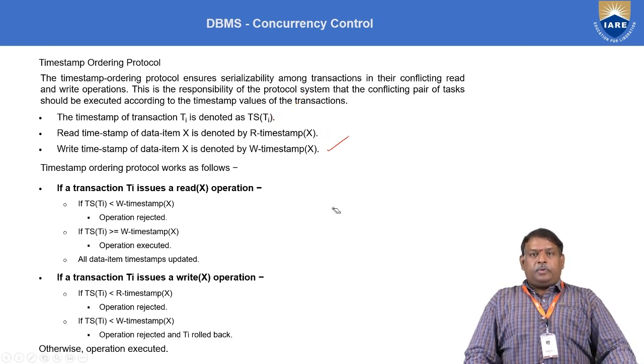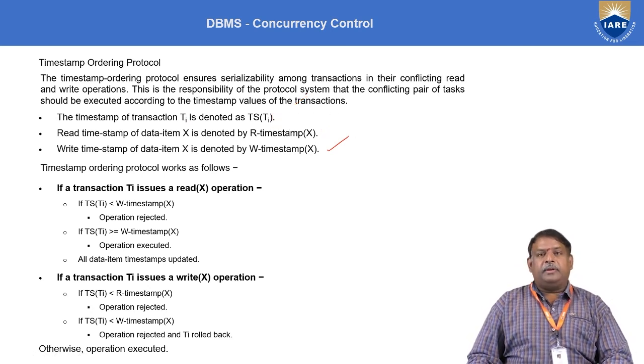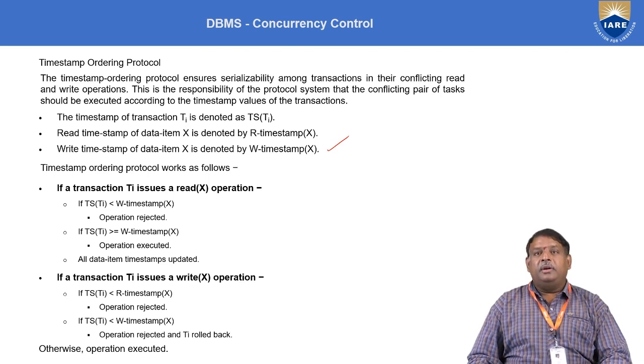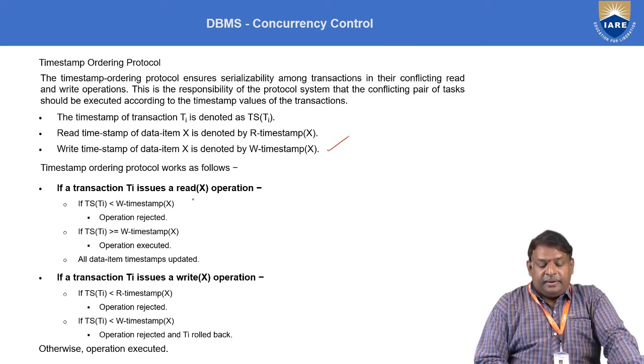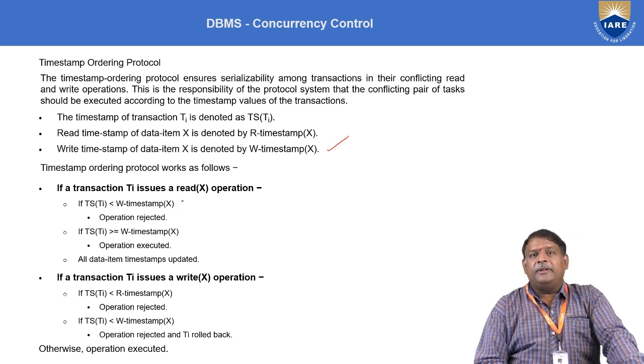If the timestamp of T1 is less than the write timestamp of X, then the operation is rejected.